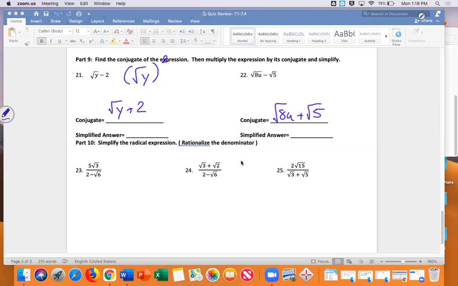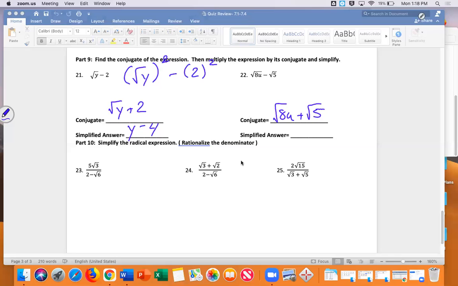So root y squared is just y. And Owen said, we have the second part, which is 2 squared. That's 4. So it's y minus 4. Owen, is that the pattern you found? I'm really glad you were able to find that pattern. Otherwise, these problems get pretty difficult.